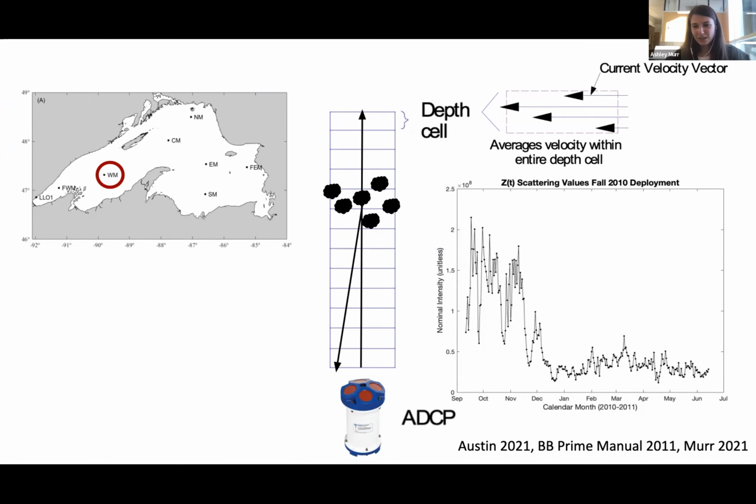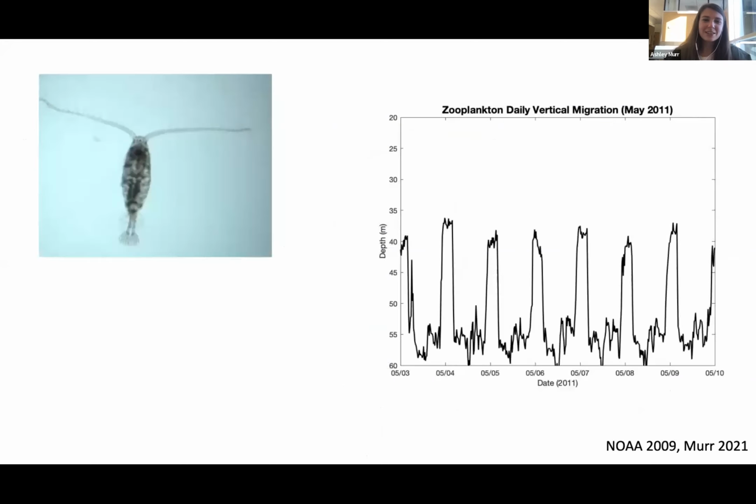In oceanography, researchers correlate that RSSI value to zooplankton movement in the water by isolating a certain term, which Dr. Jay Austin has also done. We're taking that and applying it in limnology, which isn't a common practice, so that's part of what makes this so exciting. Like I said, I'm studying the zooplankton migration in the water.